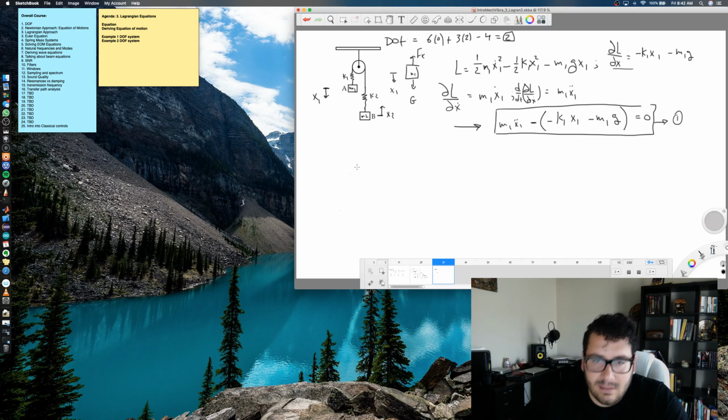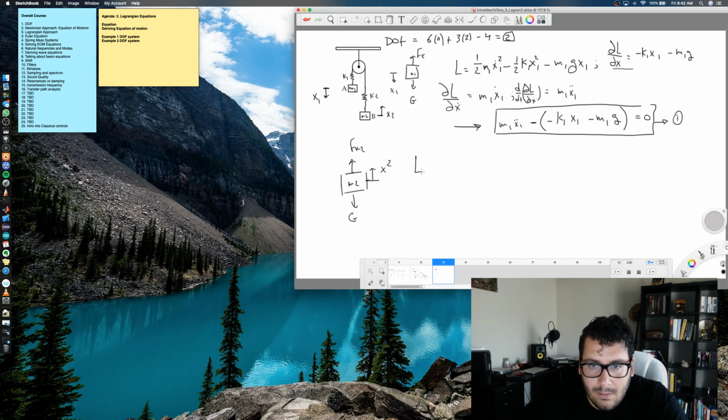All right, let's do the second one. So I have my body here going up this way this time, right? I have m2, some string, I have fk of 2, and then I have gravity acting down.